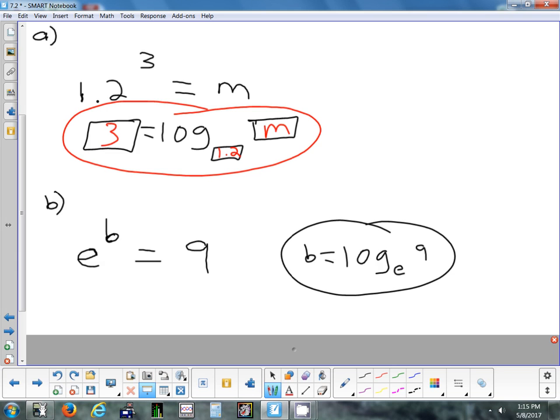But E, we'll talk about what that is. Does anybody know what E is? Anybody? It's kind of like pi. You know, in the Greek alphabet, pi is just a letter, but in math it stands for something. Same thing with E. E is an English letter, but in math it stands for a certain number. Okay, I'll show you what it is in a little bit.